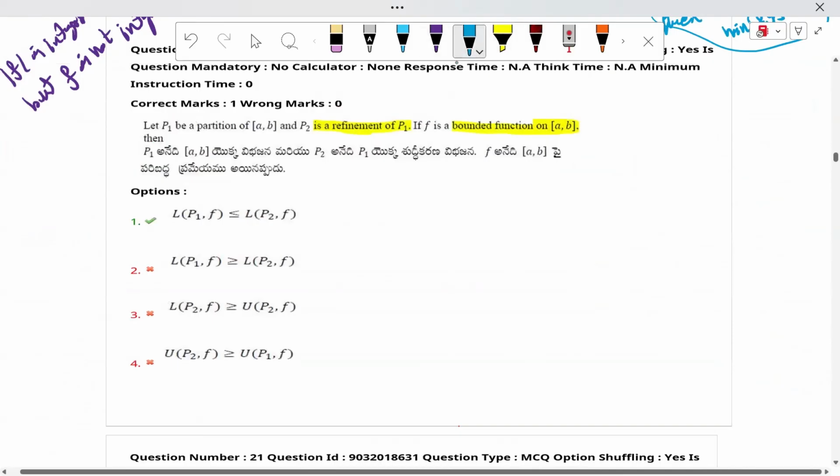What is the refinement? We know that P2 is refinement of P1 అన్నా ఒకటే, ఆర్ ఎప్పుడైనా గుర్తుపెట్టుకోండి, P1 is subset of P2.